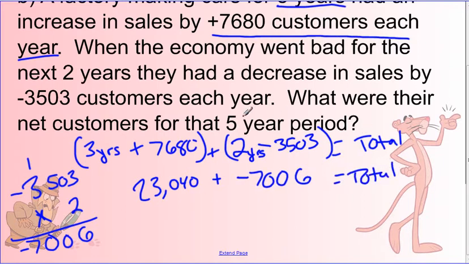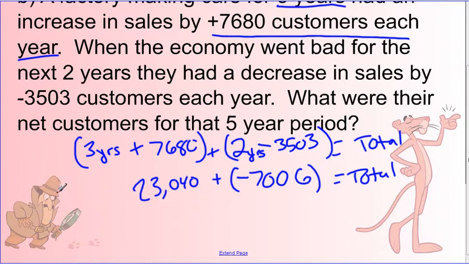And we want to know what was their net customers for the 5-year period. So if we combine these numbers together, that gives us how many customers they had after those 5 years. So let's see. I need some workspace. We're going to take our 23,040 and our 7,006, and the signs are different, so we're subtracting.